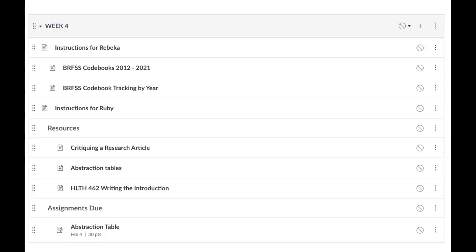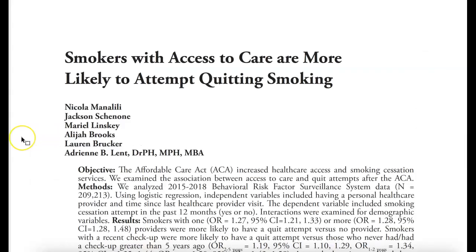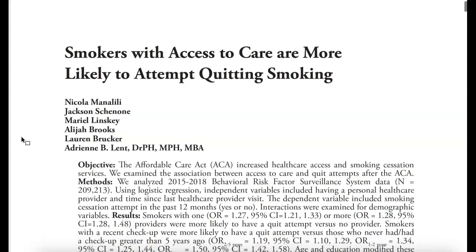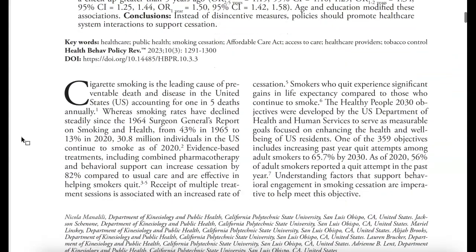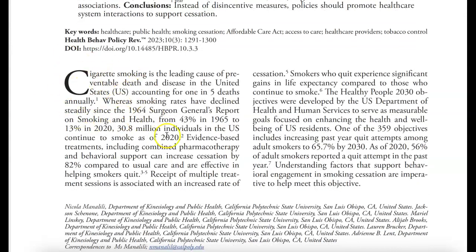So let's take a look at an example paper that I published with some students last quarter. This is the PDF of a paper that I published with a group of Cal Poly students last academic year. This is what our introduction section looked like.